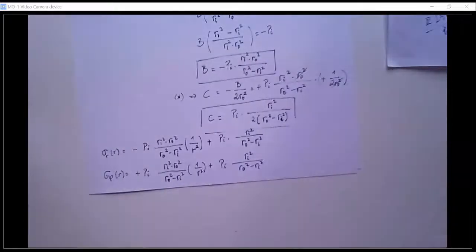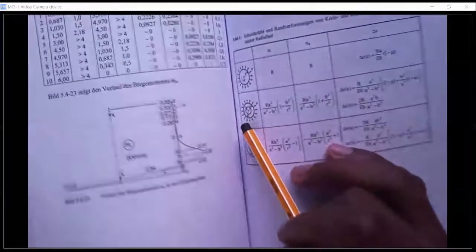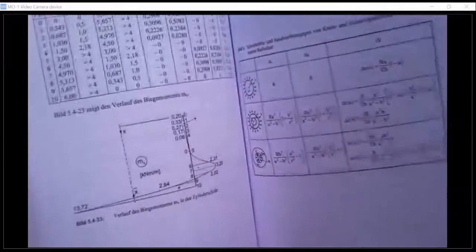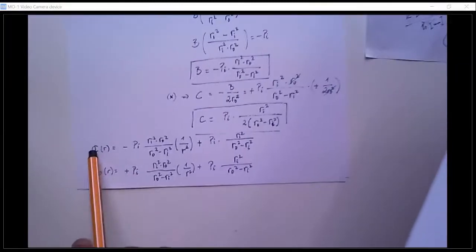Good, and that's it. So we can check the results in the book, same book. We were doing this case here. Again, here they're using the line stress, with the unit force per length, and we're using the full stress with force per area.